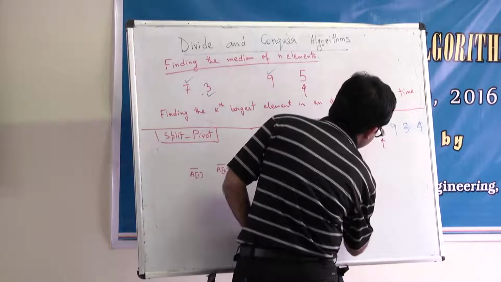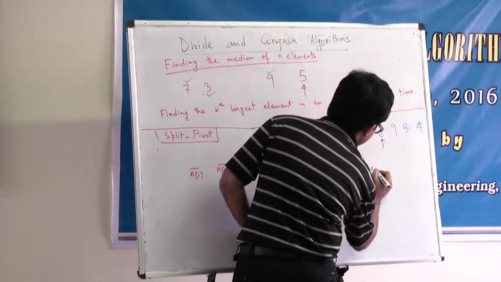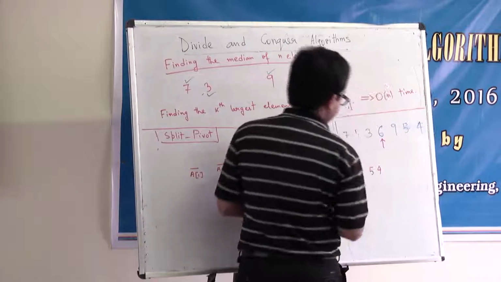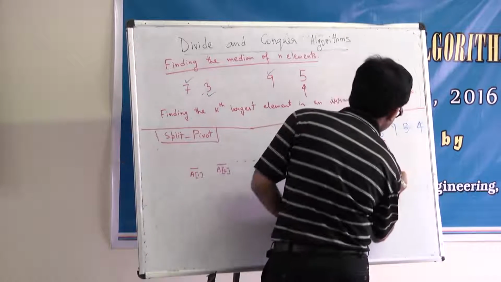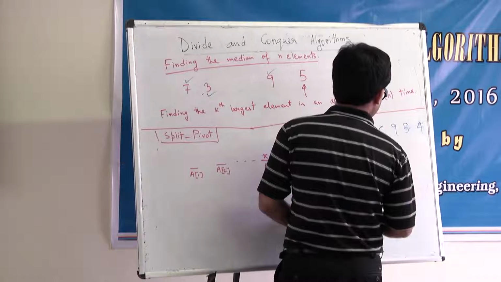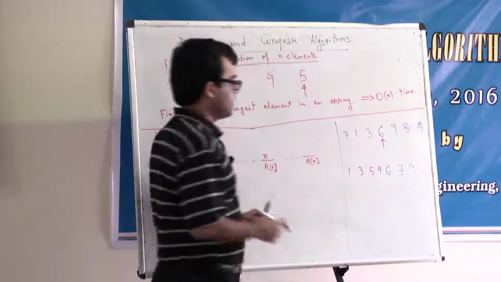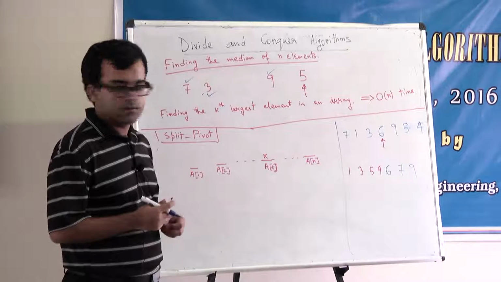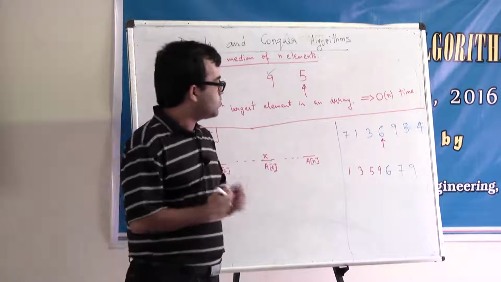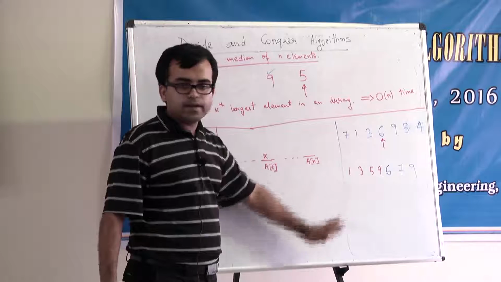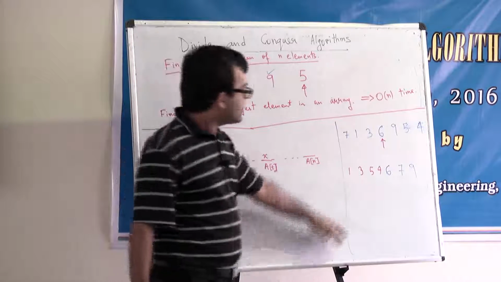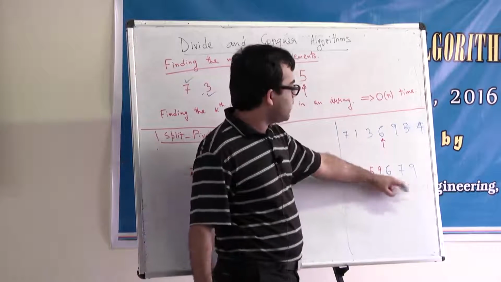So suppose I say 1, 3, 5, 4, then you have 6. So if you can return me the array in this state, it's fine. Note that we are not asking for the array to be sorted.